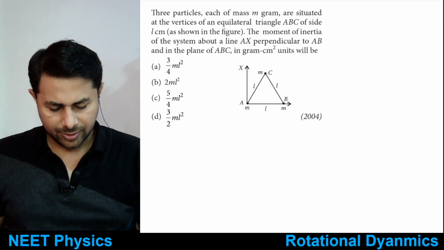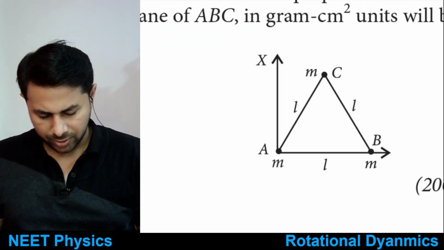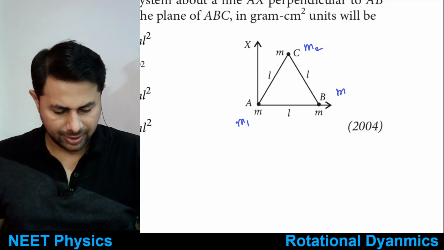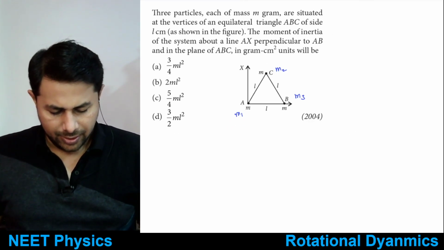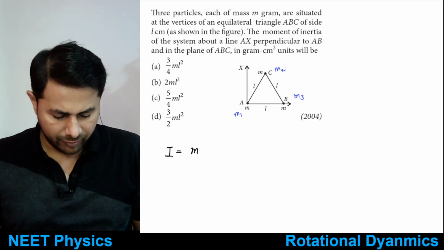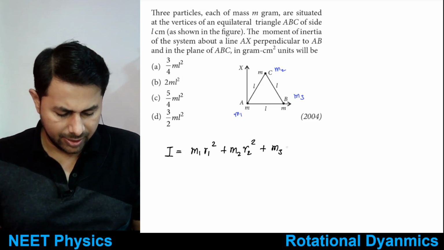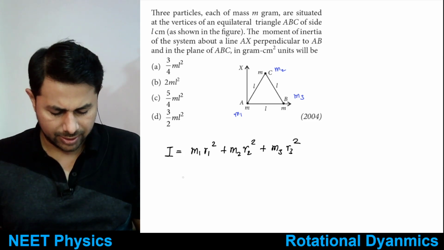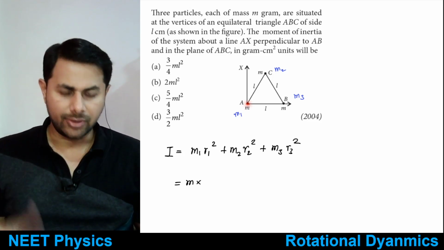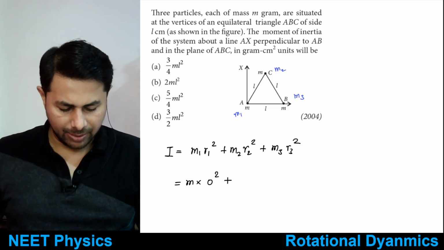So let's find it out. Let's call them M1, M2, M3. Then let's use the formula. Moment of inertia I equals M1 R1 square plus M2 R2 square plus M3 R3 square. M1 is m, and its distance from the axis of rotation is zero. Plus M2, also m.